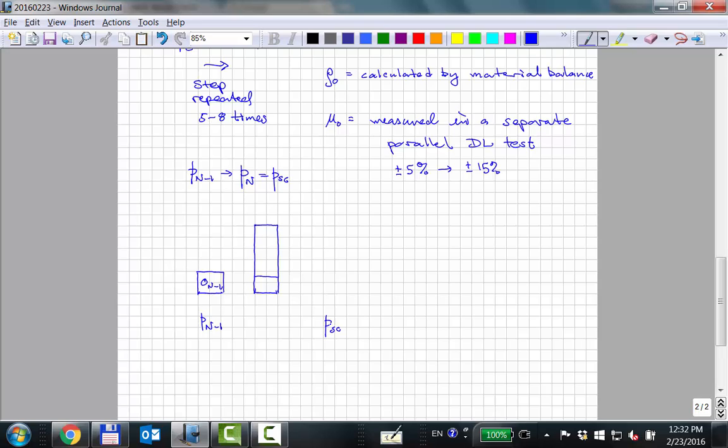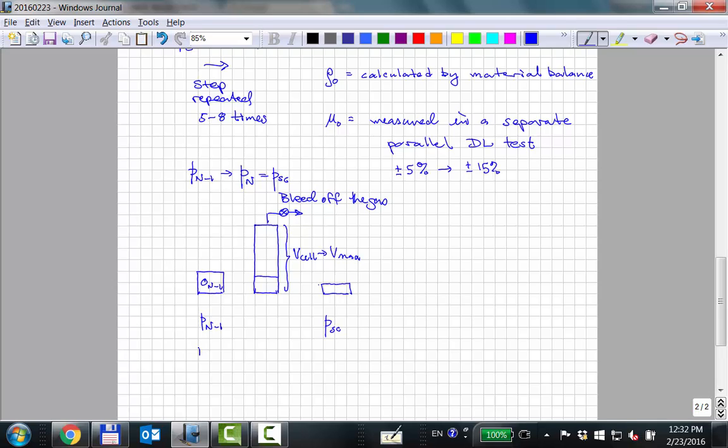So the cell reaches the max value, and we're still somewhere in pressure here. Then they typically have a valve, and they'll collect the gas, but they'll basically bleed off the gas. And as they do that, the pressure will eventually reach 1 atmosphere, and you'll get this final oil. So we're doing this bleeding process.